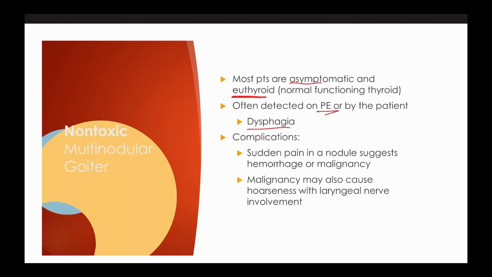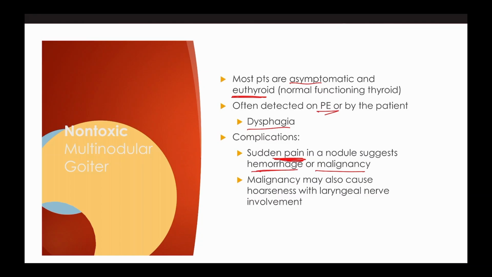Now, complications. If they suddenly get pain, that suggests that nodule burst, and that was a hemorrhage in that nodule, or it means it became malignant. So, multinodular goiter normally is asymptomatic and painless.